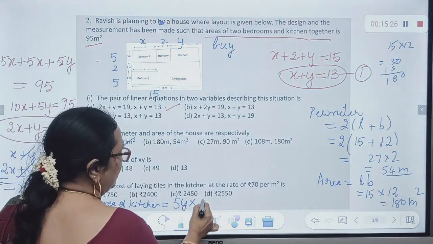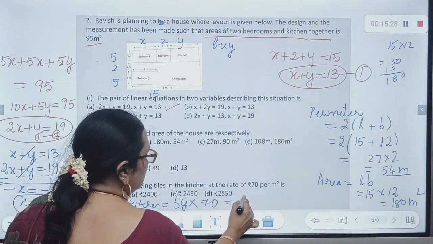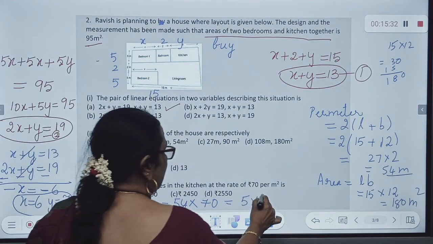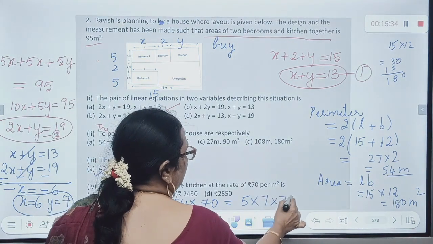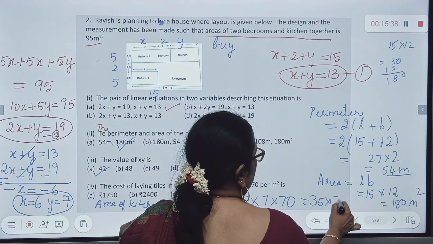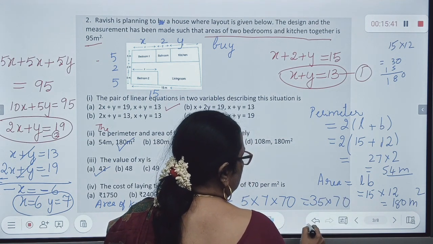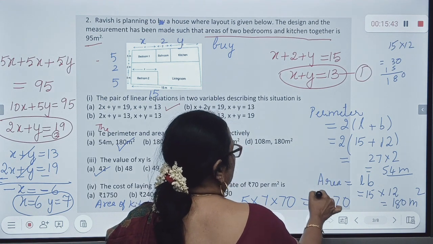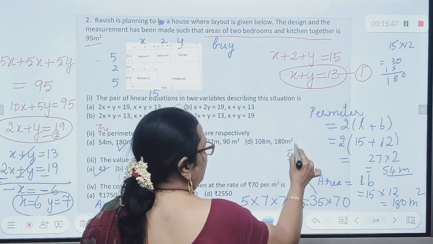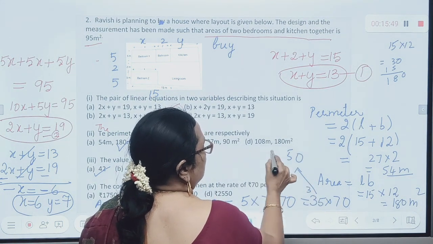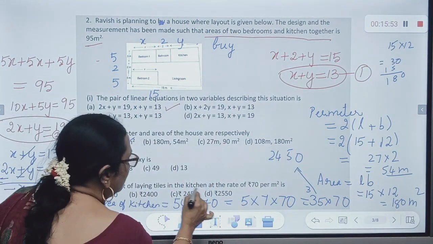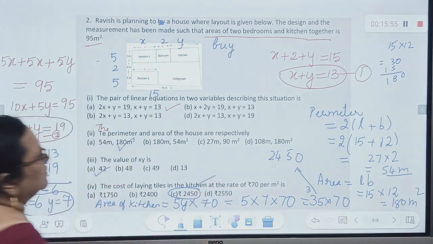So 5y into 70, which is 5 into, what is y? 7 into 70. That is 35 into 70, which is 2450. So 2450 is the answer.